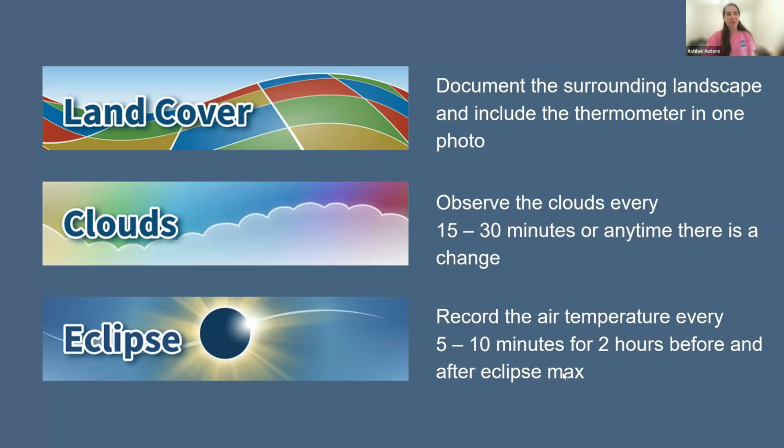And then, of course, we also want you to use your thermometer and give us the air temperature data every 5 to 10 minutes, 2 hours before and after the eclipse maximum. That way we can see how the environment, the clouds and the atmosphere changed throughout the eclipse all the way through the end, instead of just during and before.